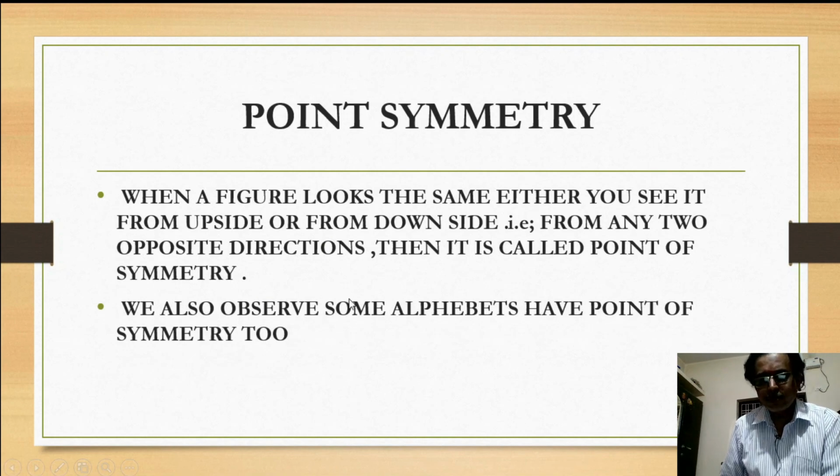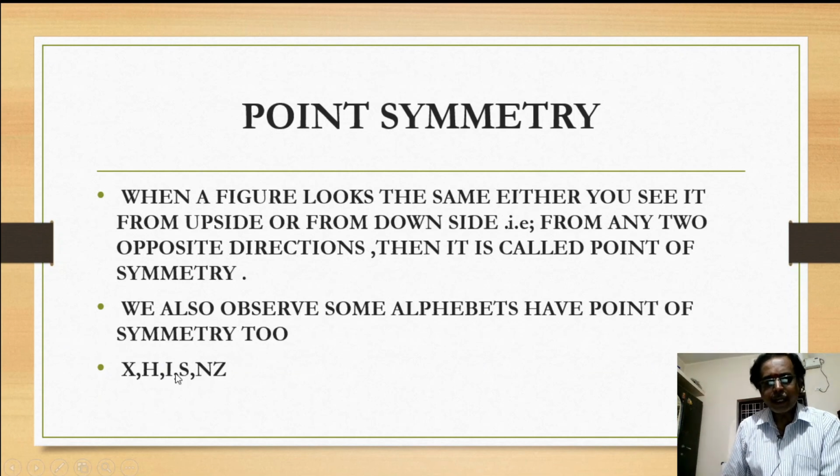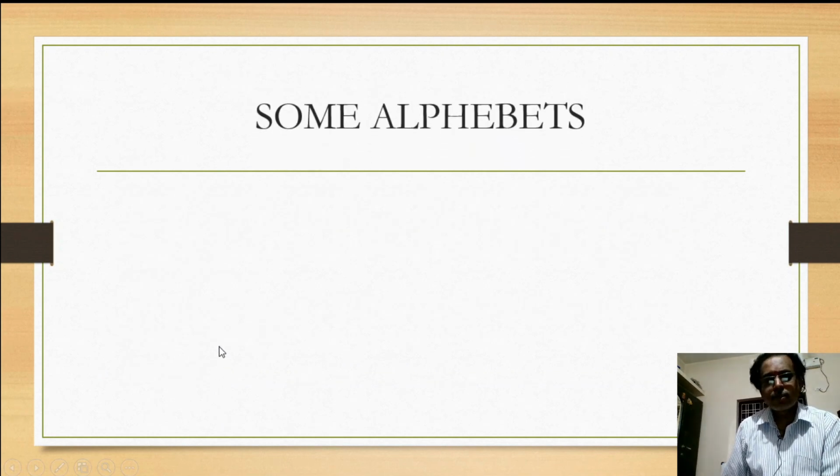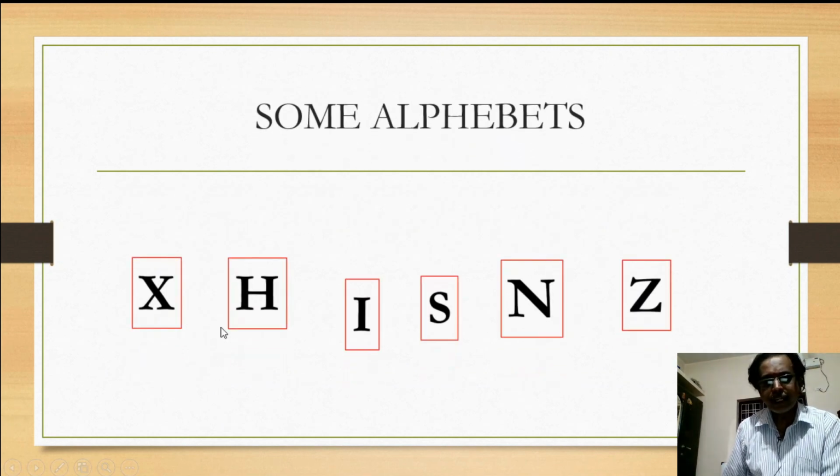We also observe that some alphabets have point symmetry too. Those are X, H, I, S, N and Z.